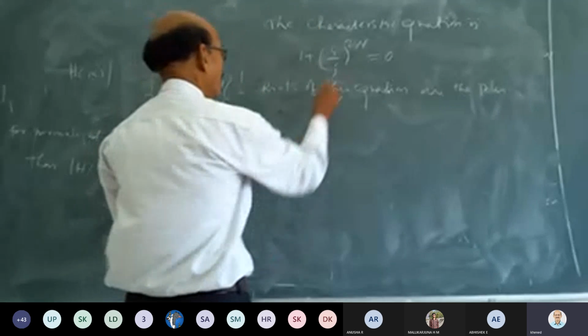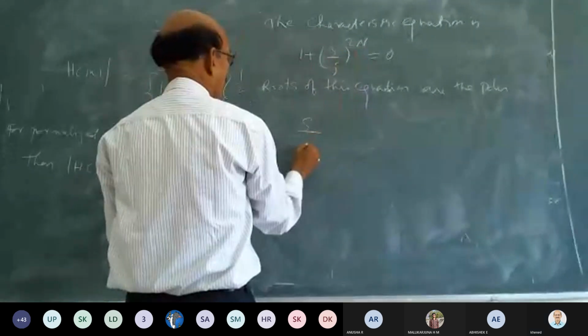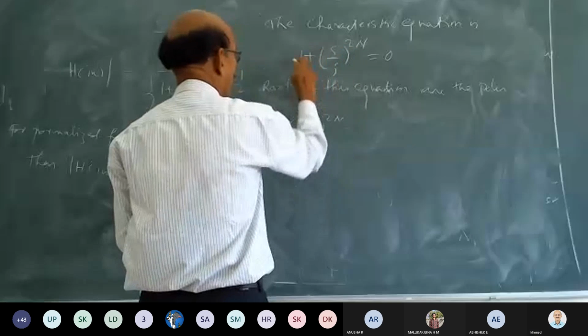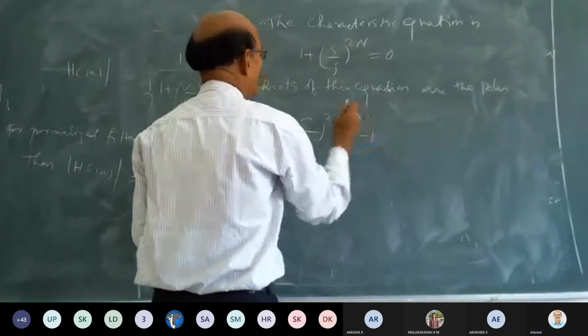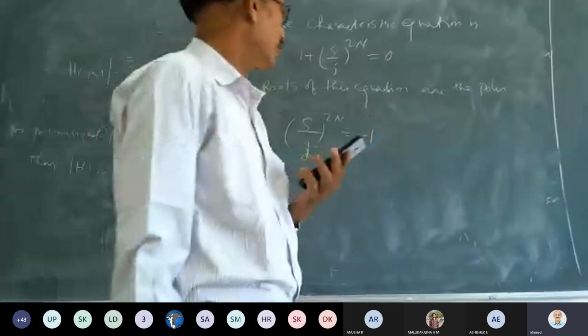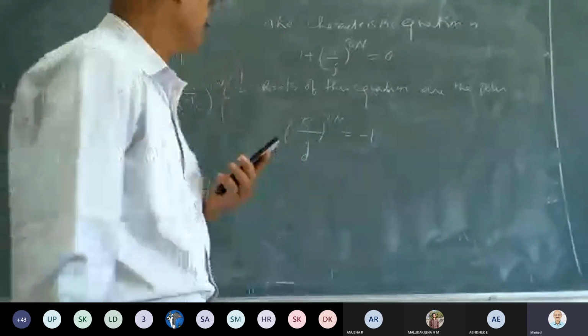So what I do now, retain only (s by j) to the power of 2n on the left hand side. S by j whole to the power of 2n is equal to minus 1.